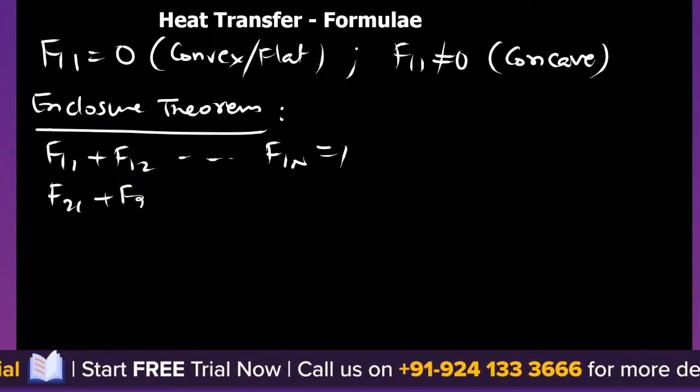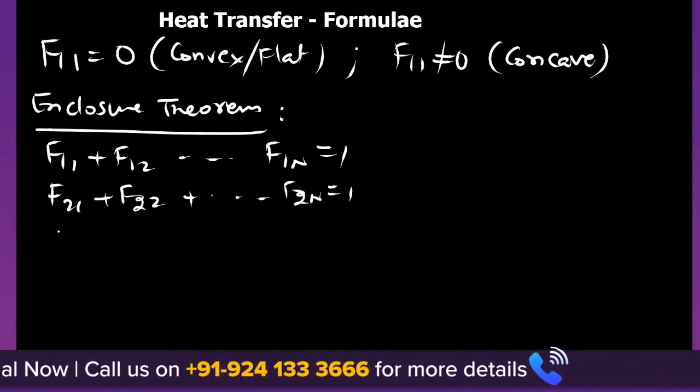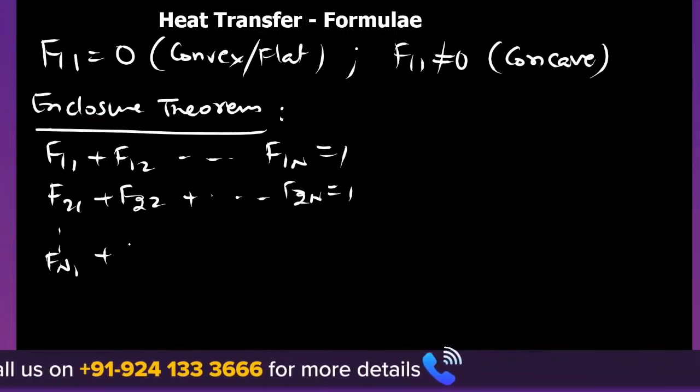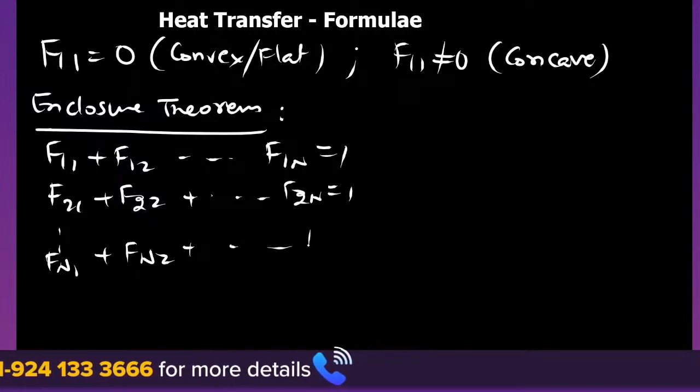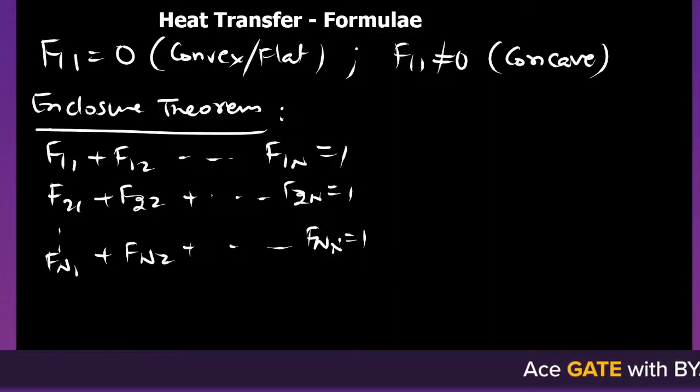F21 plus F22 plus up to F2n is equal to 1, and so on. Fn1 plus Fn2 plus up to Fnn will be equal to 1. These are called the enclosure theorem for shape factor algebra.